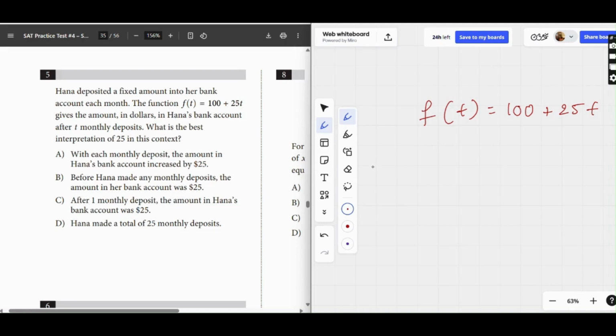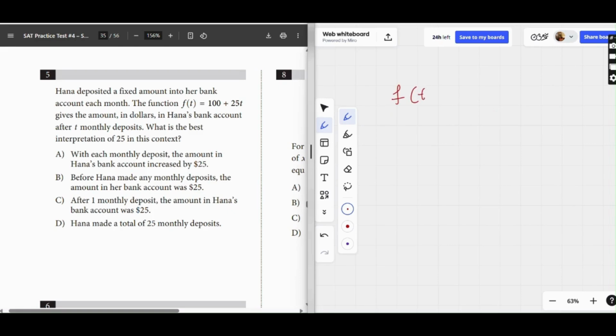What is the best interpretation of 25 in this context? It's about how much understanding you have of this function. They have created a function saying that f of t equals 100 plus a multiple of 25.